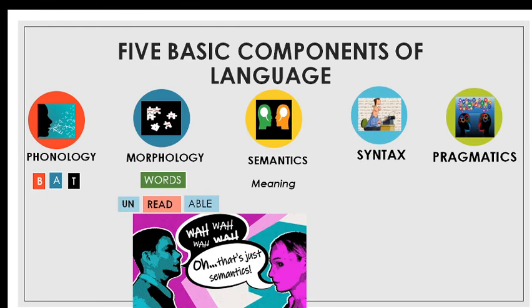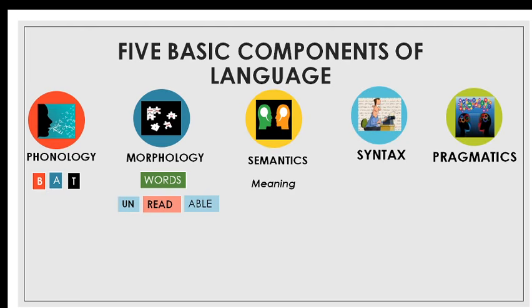For example, if a person says, oh, what an ugly person you are, then that person has some meaning associated with it. So you say, please don't say like this. It means you also have a meaning in your sentence, requesting him not to say that. So this is how you use semantics as a component of language.